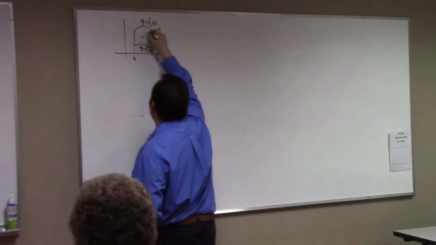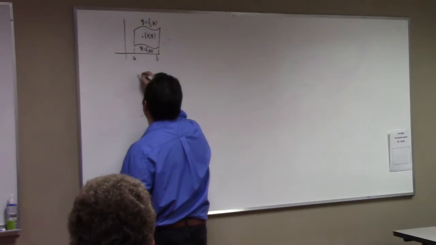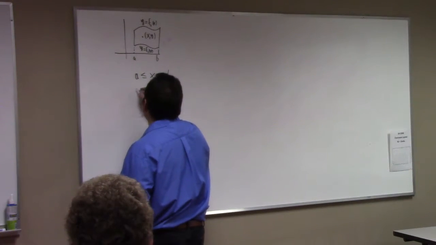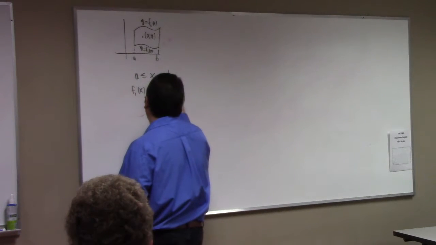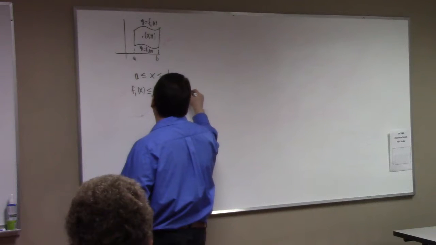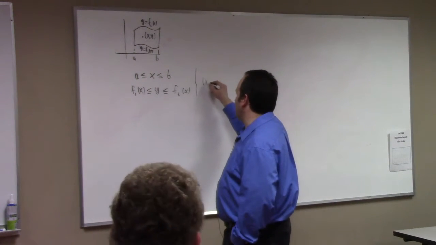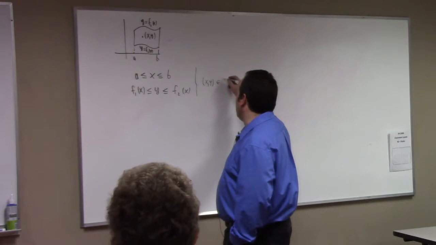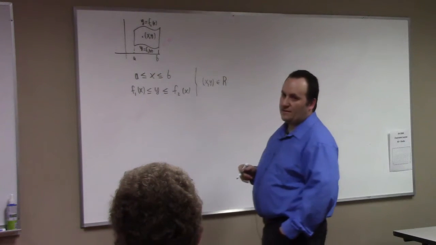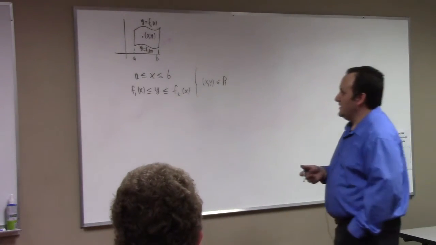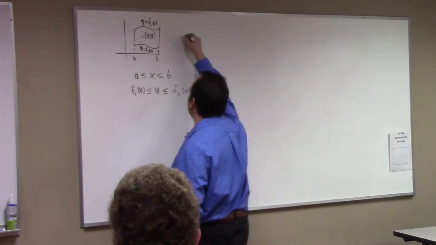So at every point x, y, we have the following pair of inequalities. We have a is less than or equal to x is less than or equal to b, and we have that f1 of x is less than or equal to y is less than or equal to f2 of x. These two conditions mean that x, y is an element of the region R, okay? No longer a rectangle, right? A curvy region. This kind of region is called type 1.